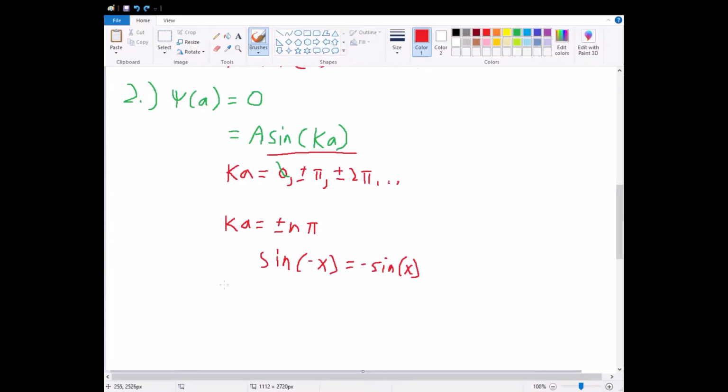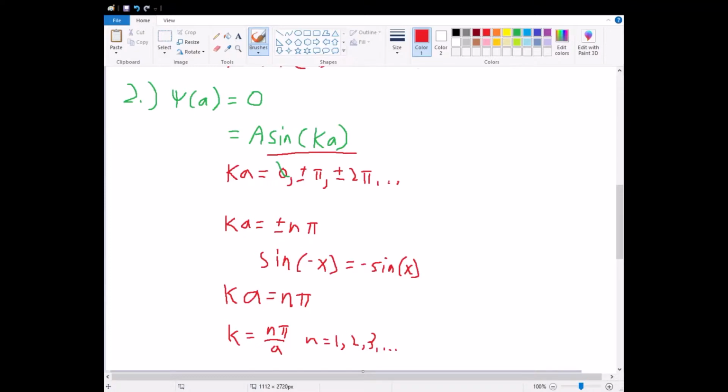So what we actually want to focus on is that ka equals positive n pi. So if we isolate k, then what we get is that k is equal to n pi over a, where n is just some positive integer, 1, 2, 3, etc.